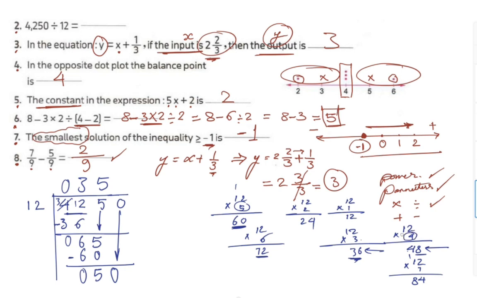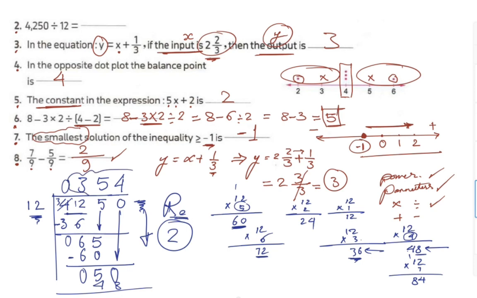So I will put what? I will put 4. Okay, 4 by 12 equals 48. So you have what? You will have 2. And 2 is less than what? Less than 12. Do you have any digits here to drop? No digit here to drop. So 2 is the remainder, and these digits are the quotient.